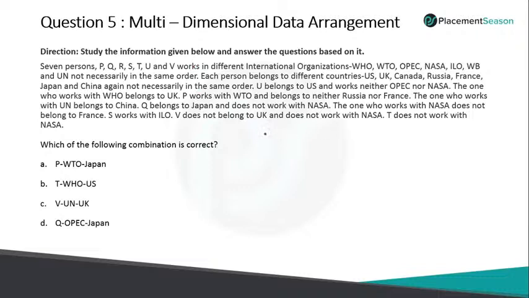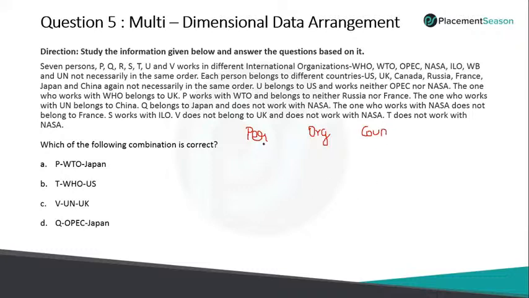Now we have to match these 7 persons with the 7 organizations. It means where they work, and which country they belong to, right? So person, organization, and we have to match their country. I'll write in short form: person, their organization, and country, which country they belong to.